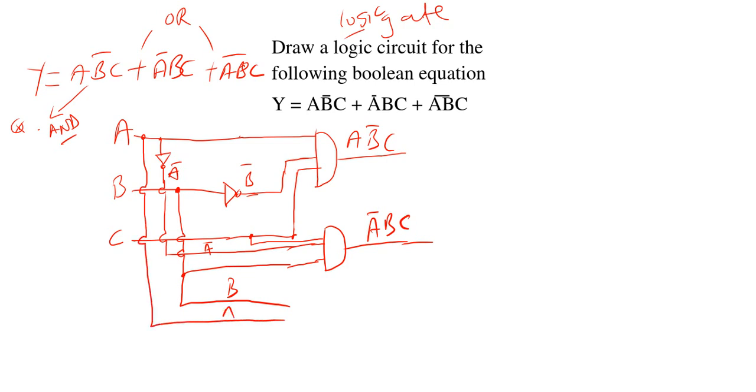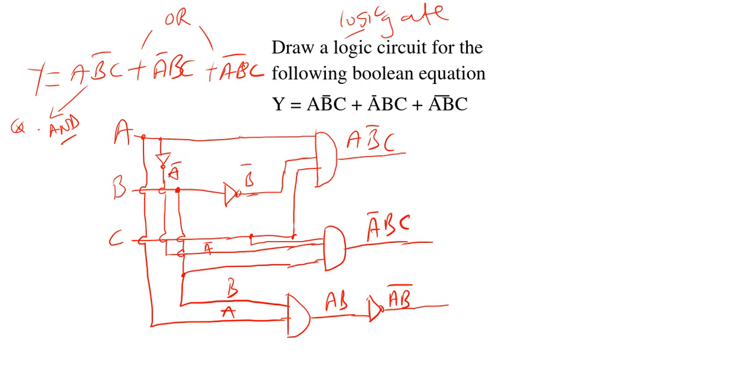So that is A. These two, we pass them through an AND gate to get the product. And this product we pass through a NOT gate to get the overall complementation. This overall complementation is now passed through an AND gate with C, which is not complemented.